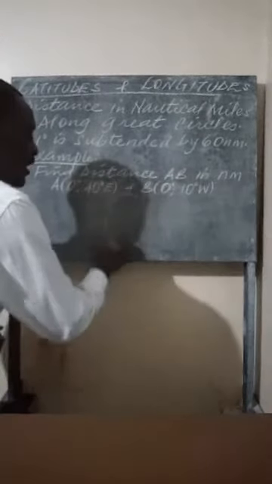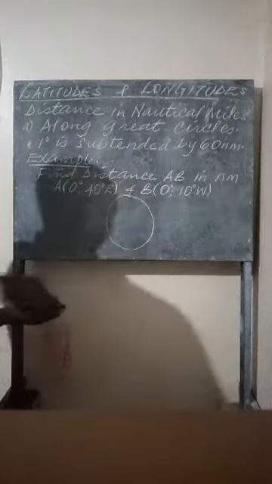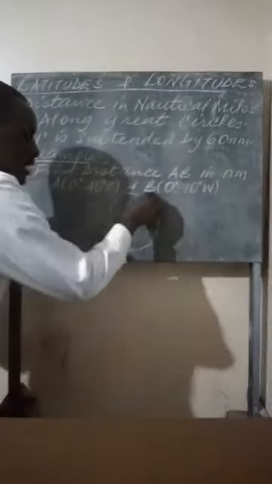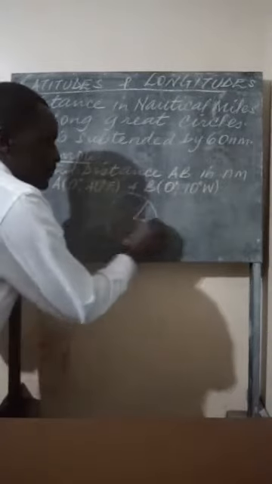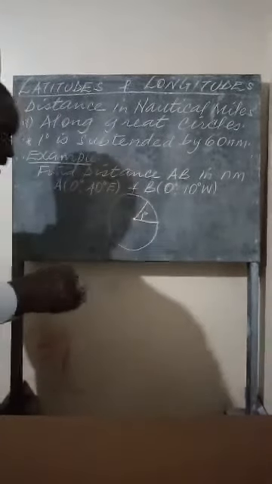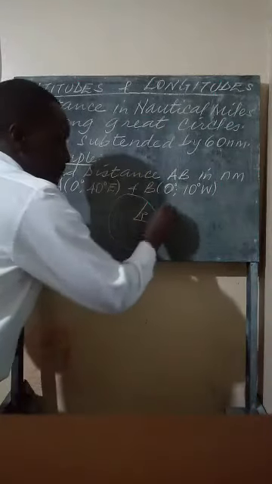So if this is a great circle, simply what we are saying is that at its center here, every single degree is subtended by 60 nautical miles.